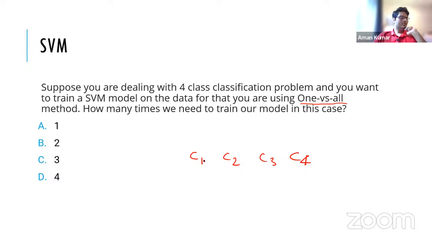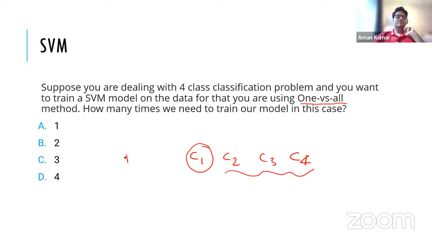Some people are saying 4, some people are saying 3, some people are saying 1, nobody is saying 2. Okay. Kalyani says 3, Saurabh Kumar is saying A, Vivek is saying C. One versus all, right? So suppose this is 1 and these 3 are all, case 1. Okay.